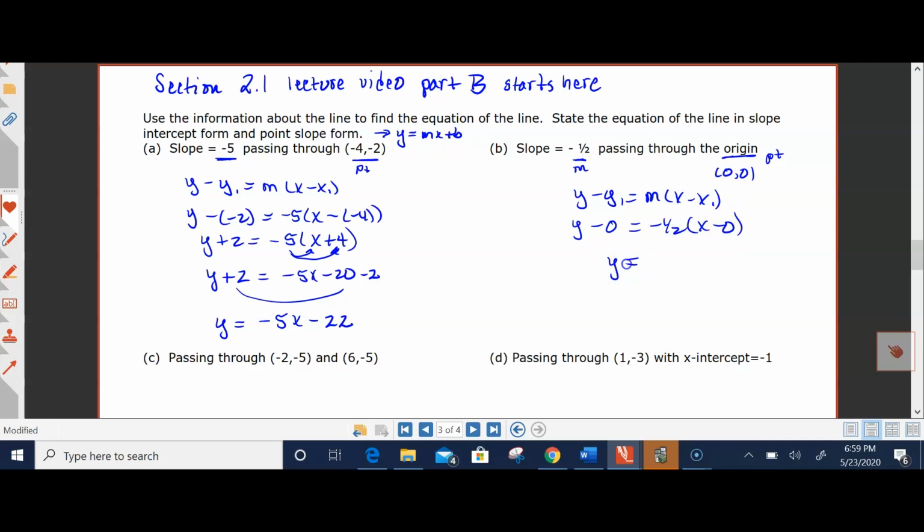So this falls out to just be y equal -1/2 x, because if I distribute the -1/2 to the x and to the 0, -1/2 times 0 is just 0. I could write it, but we're not.